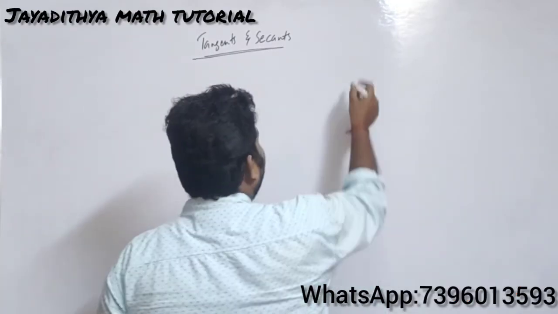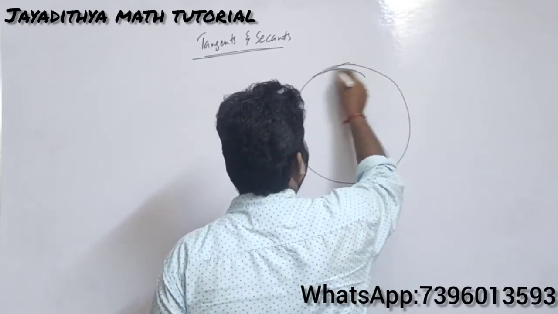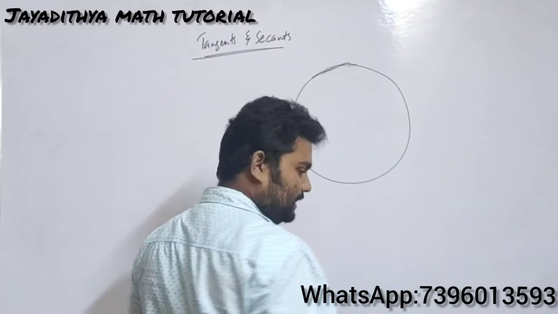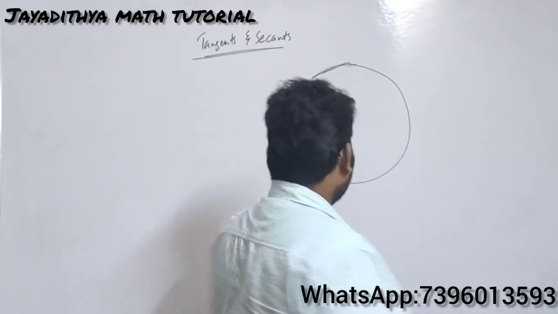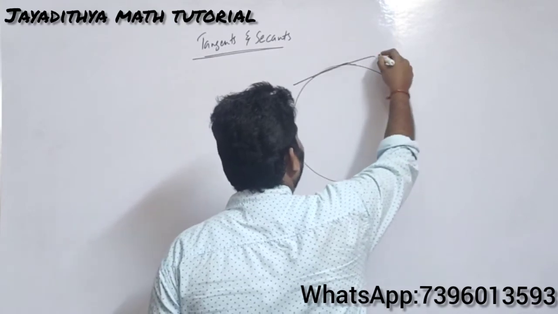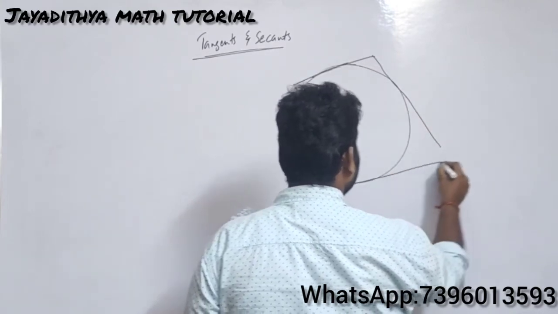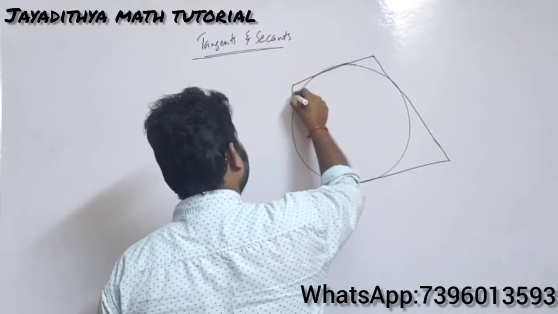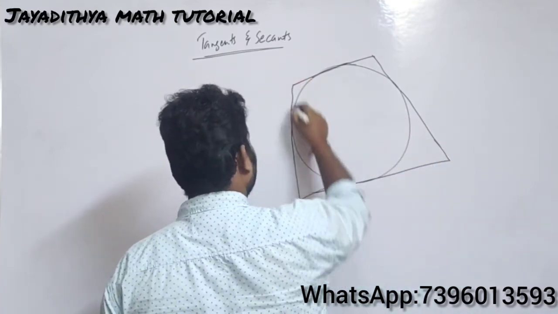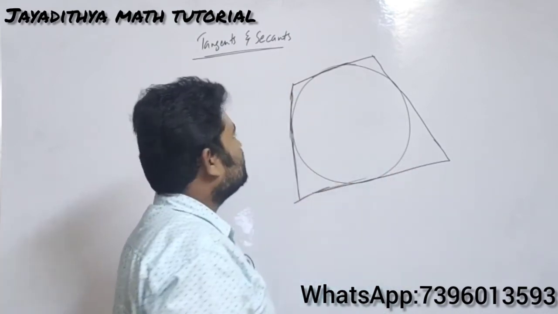For example, again I am drawing a circle. This is the circle. A quadrilateral is circumscribing the circle here.